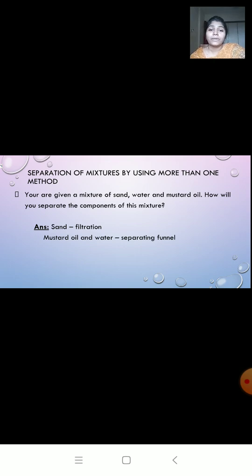Then we learnt about concentration of solution, solubility, saturated and unsaturated solution, physical and chemical changes, and then various separating techniques like centrifugation, chromatography, crystallization, distillation, fractional distillation, separating funnel, then magnetic separation, evaporation, sublimation. These are all the things we have studied in this chapter.